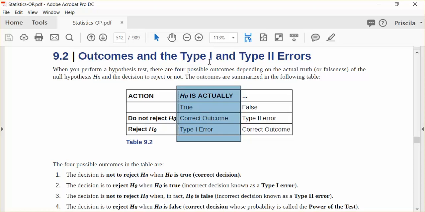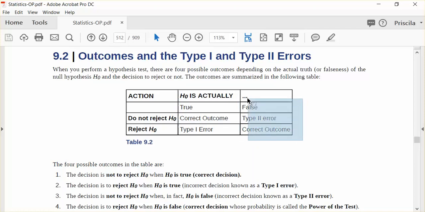And just remember that type 1 is when the null hypothesis is true, but for whatever reason, because you miscalculated, or I don't even want to address the other options, you reject, then it would be a type 1 error.